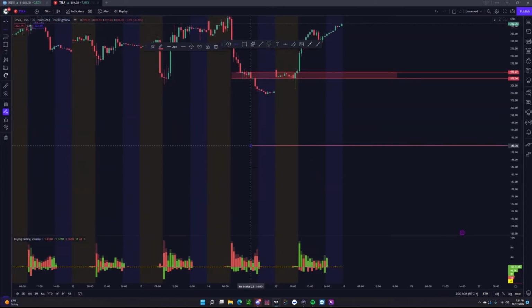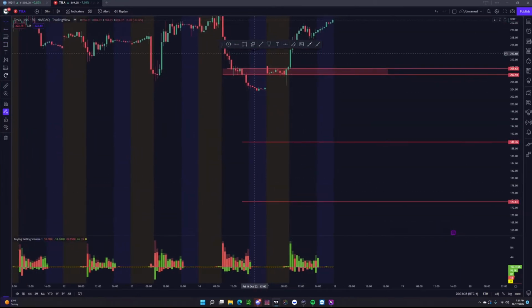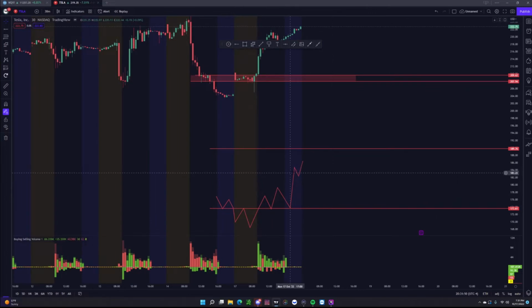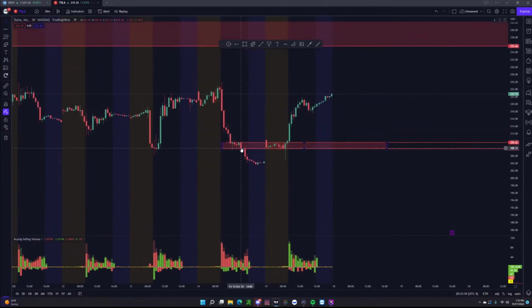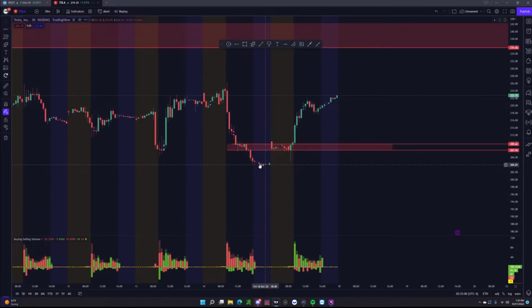If you have a resistance here and a support here, and ultimately the stock gets under support, it can act as resistance. But if you get back over it, it's now acting as support and the stock might go up. Same thing with supply and demand. Now you can see how this really was supply and the market ended up tanking and going further down.